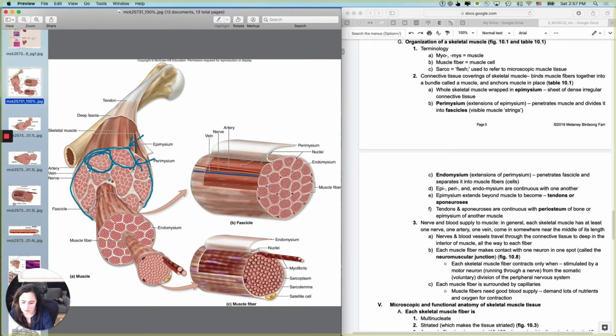And here they pulled out the whole fascicle. This whole thing that you're seeing right here is the whole fascicle. So epi on the outside. Then the epi gets thinner and goes toward the inside and wraps around and creates the boundary around fascicles. When it's on the inside right here, it's perimysium.